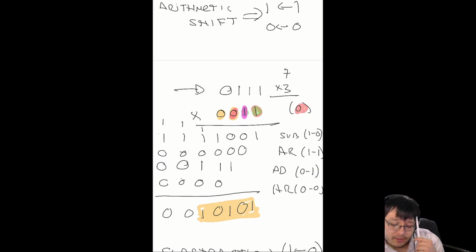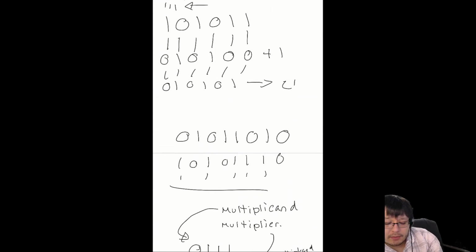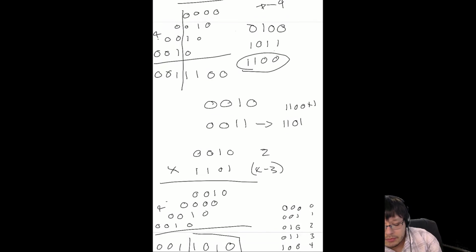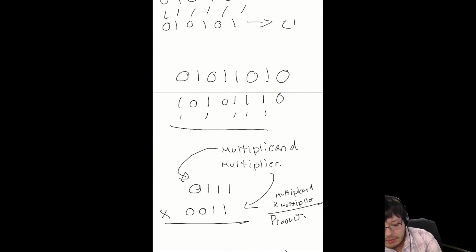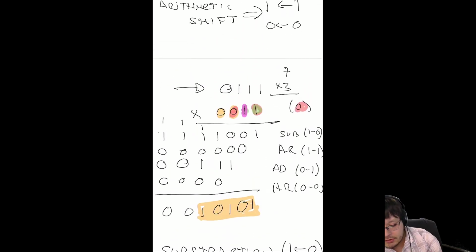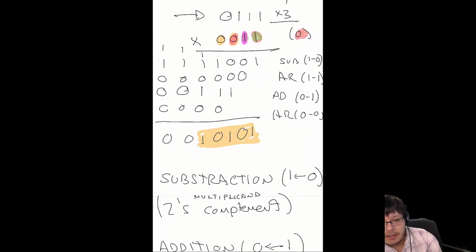Think about that. When we were doing it the other method, you can hard code, I suppose, and say that if it's a 1, copy it down. If it's a 0, don't copy anything down, which is kind of what we're doing here, but this is way better optimized. So let's go ahead and do another example, okay?